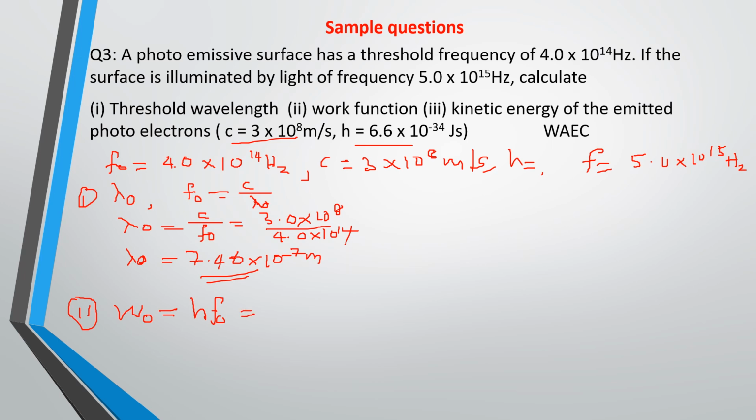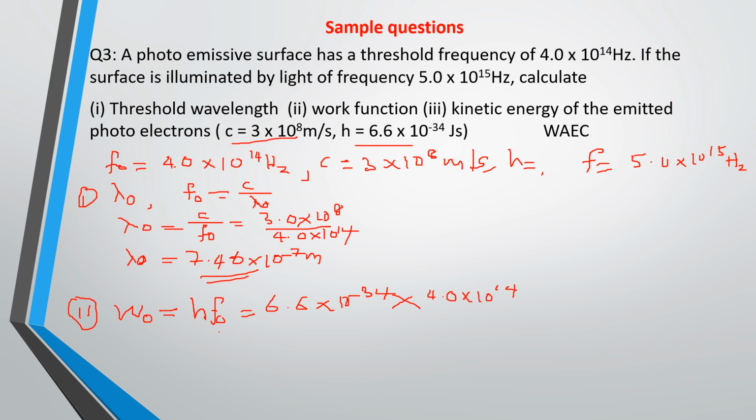H is the Planck constant, which is 6.6 times 10 raised to power minus 34, multiplied by your threshold frequency, which is given to you to be 4.0 times 10 raised to power 14.